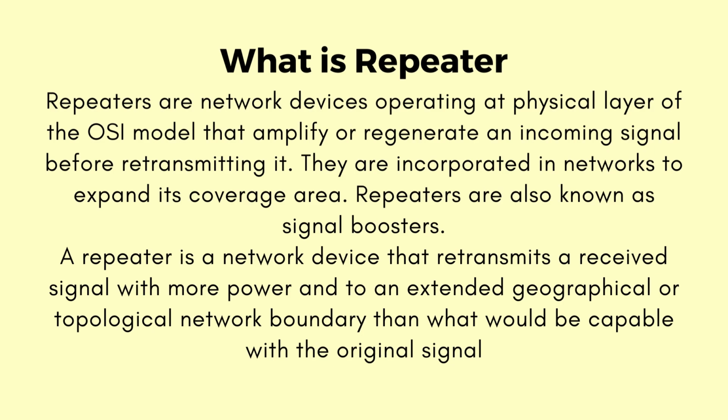Repeaters are also known as signal boosters. A repeater is a network device that retransmits a received signal with more power and to an extended geographical or topological network boundary than what would be capable with the original signal.